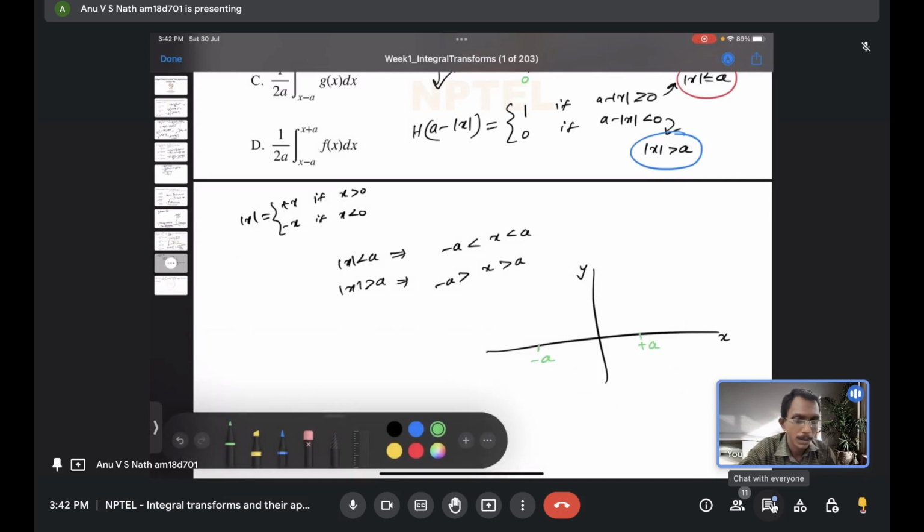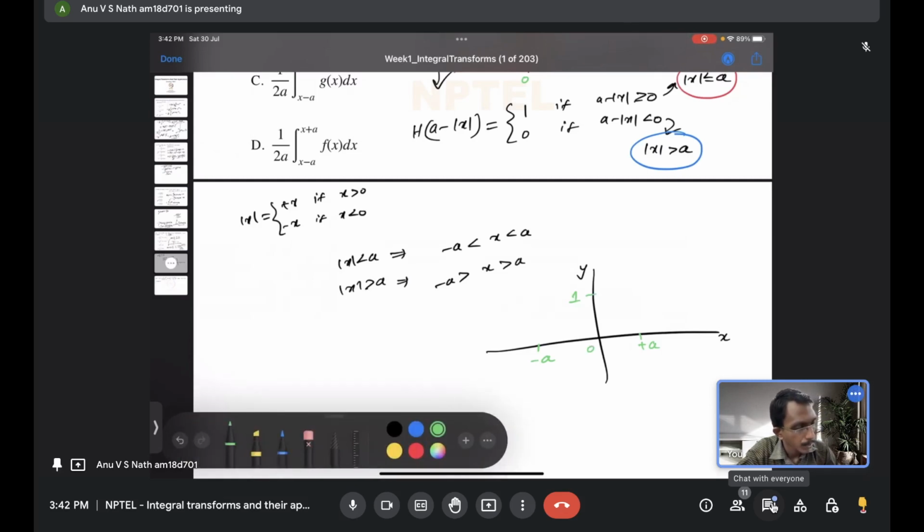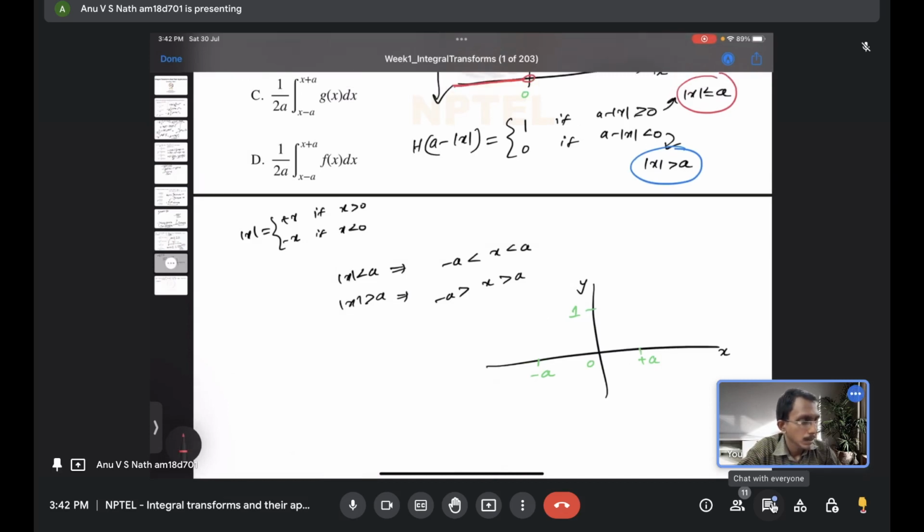I have drawn it not symmetrically, but think of it as a symmetric location, and we have 1 here and 0 on the y axis also. Now what the function says is that if mod x is greater than a, so it's outside this region, its value will be 0, both on the left and right hand side. When it is inside this region, minus a to plus a, its value will be 1.